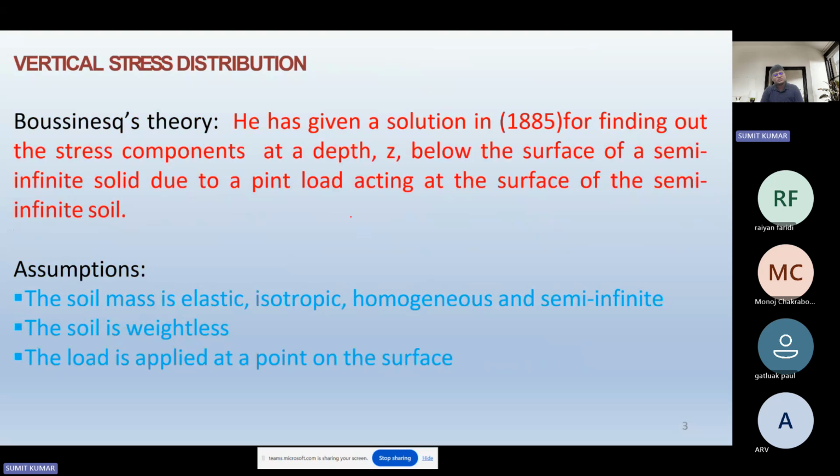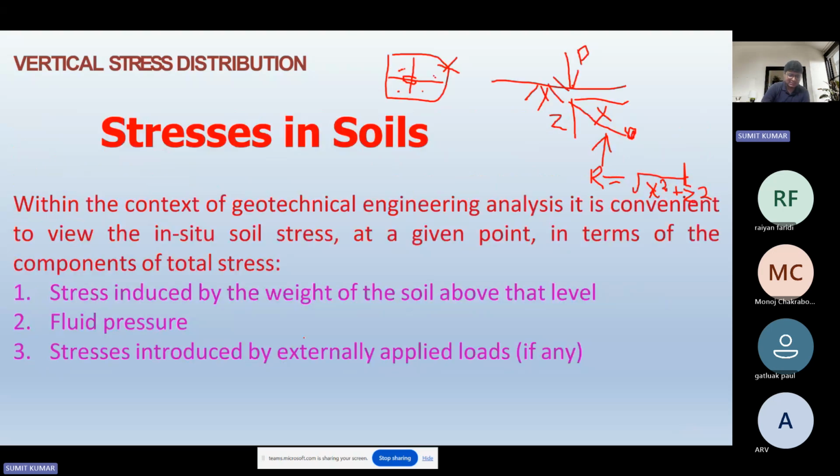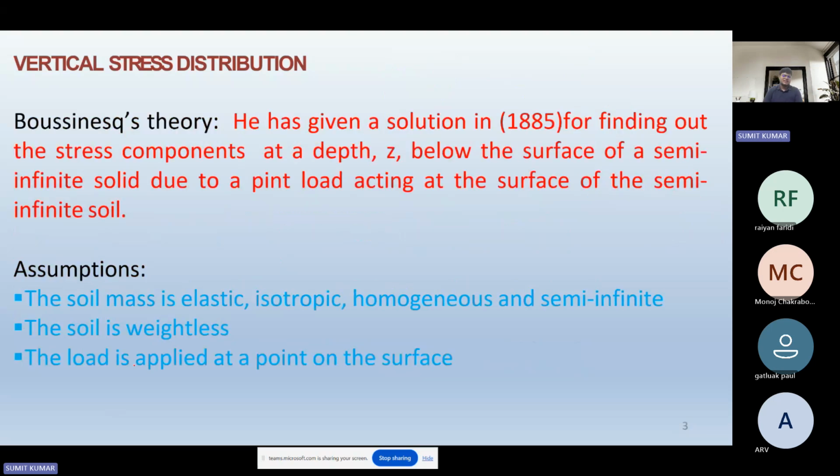The soil is also assumed to be weightless, because if we don't assume soil as weightless, then once we come to the equation, I will elaborate this in detail. As you have seen over here, the three things we have mentioned are the stress induced by the weight of the soil above that level, fluid pressures, and the stress introduced by the externally applied load. So the weight of the soil is neglected as soil is assumed to be weightless.